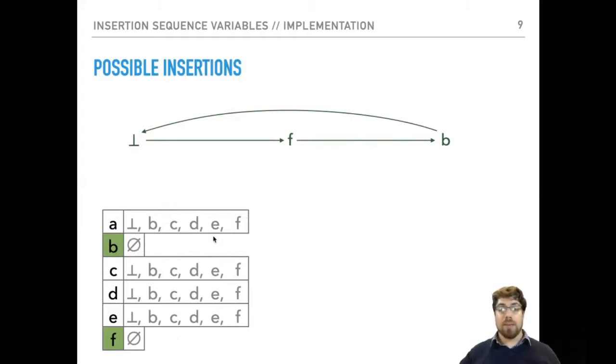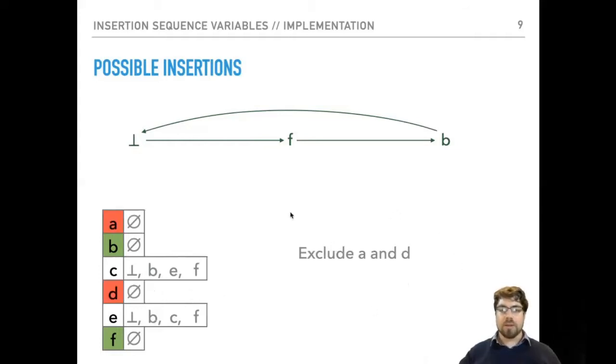For the other elements, F and B are both present in their possible predecessors, as well as bottom, and as well as the elements not yet sequenced. So if an element is excluded, then its set of possible predecessors is emptied, and it is also removed from the other elements' predecessors, as it is not a valid predecessor anymore.